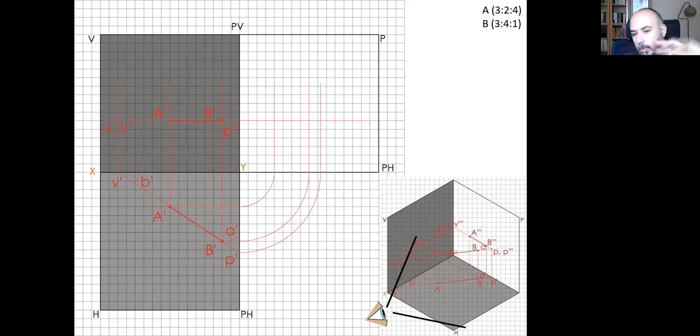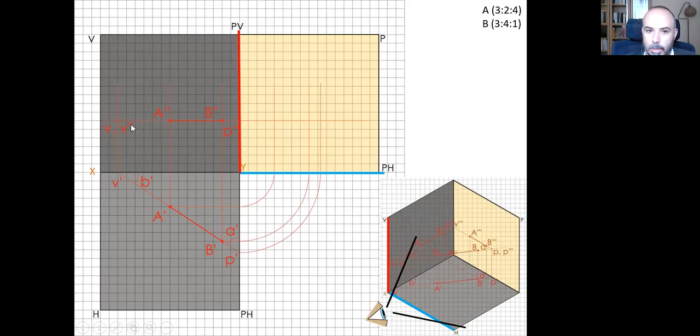I am looking from the left side of the system, and right in front of me, I am seeing the profile projection plane, but I cannot see the vertical and horizontal projection planes. I am seeing them as two lines here. So in order to determine the location of A triple prime, B triple prime, I need two pieces of information.